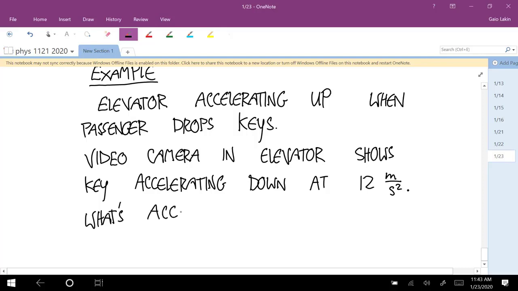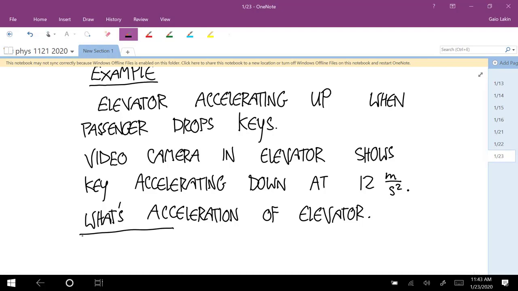What's the acceleration of the elevator? And I should say, this relative motion thing is going to be important in this class. For these early problems, a lot of you probably can just work it out by feel and get it right. But get in the habit of writing it out in terms of the variables and the subscripts, because you're going to need to do that later.